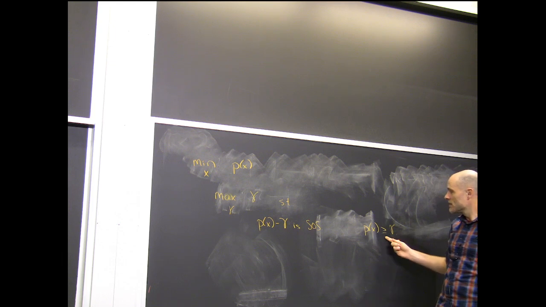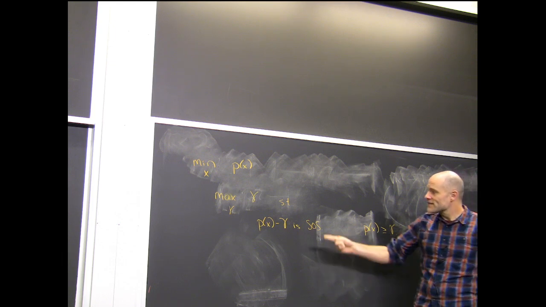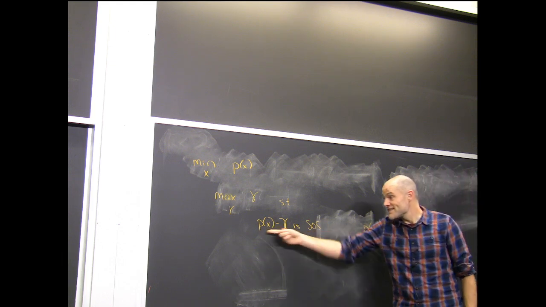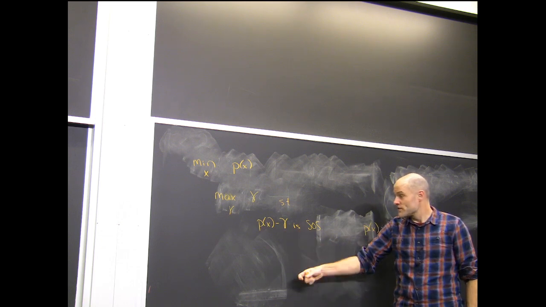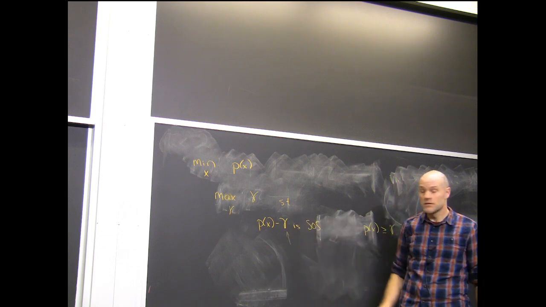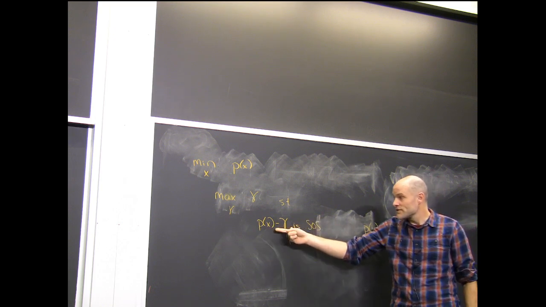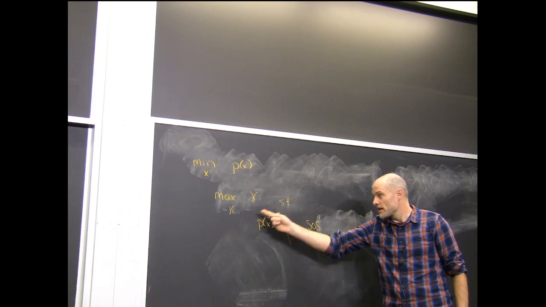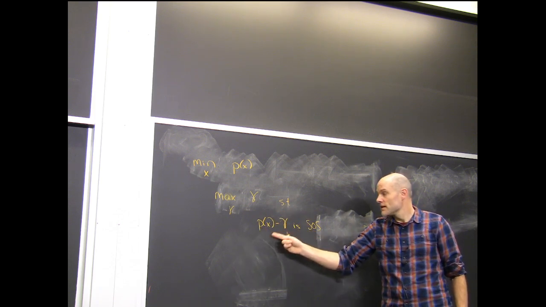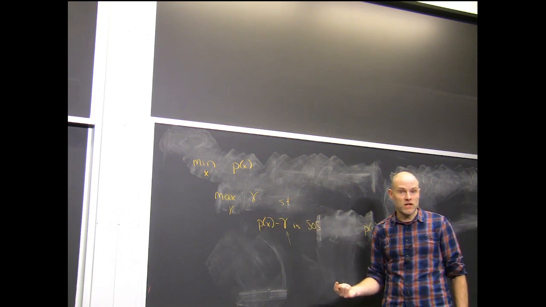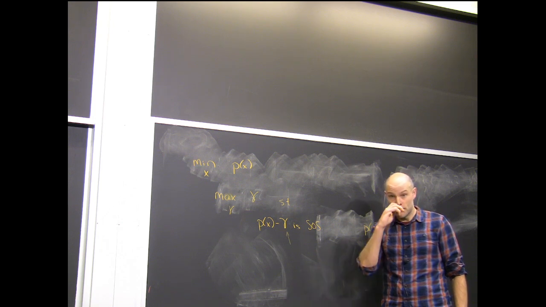If I can find some polynomial decomposition of this thing, which has a decision variable here, and I can solve that with convex optimization, that's pretty good, right?